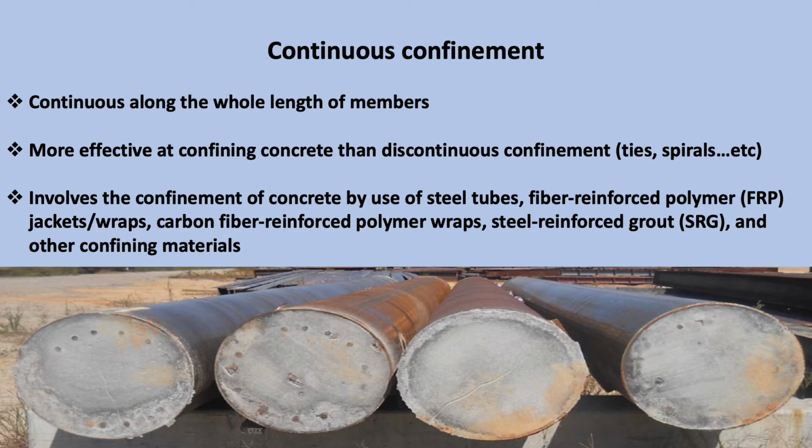It involves the confinement of the concrete by use of steel tubes, fiber-reinforced polymer jackets or wraps, carbon fiber-reinforced polymer jackets or wraps, and steel-reinforced grout and or other confining materials.